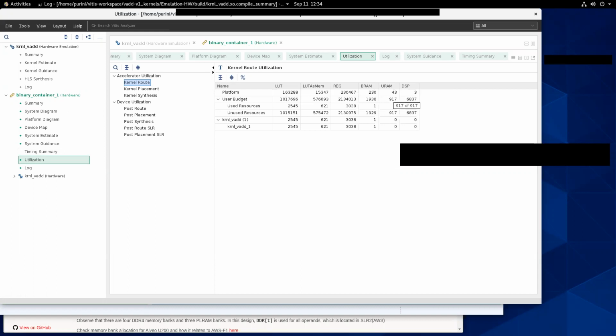Like for example, in this particular case, the DSP utilization is almost nothing. On these Amazon F1 instances, the FPGA has close to 7,000 DSPs. But in this design, we are using only 3 DSPs.